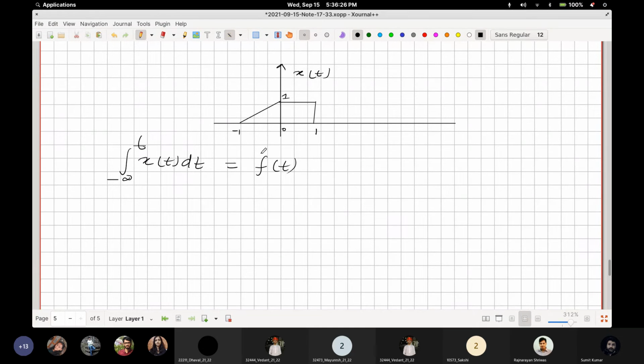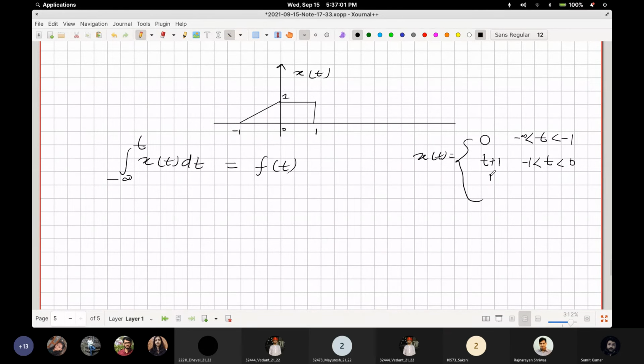So let's just do this operation here, and then it will be quite clear to you why it is a function of time. So let's write x of t first. So x of t, as you have already seen, is a piecewise function, meaning it is defined in different pieces. The first piece was 0, from minus infinity to minus 1. After that it is equal to t plus 1 between t equal to minus 1 to 0.